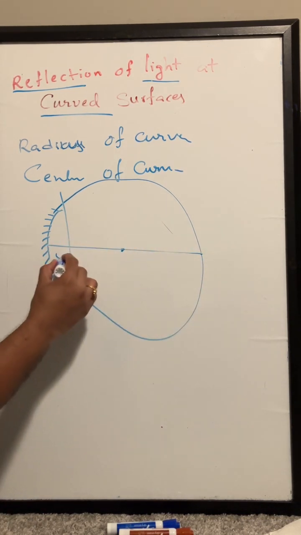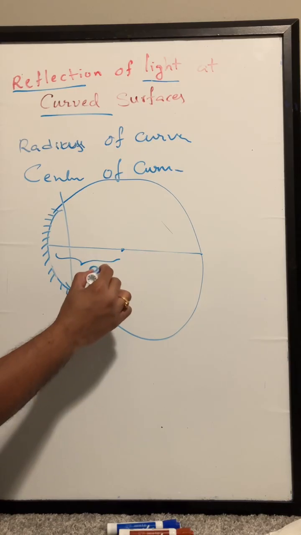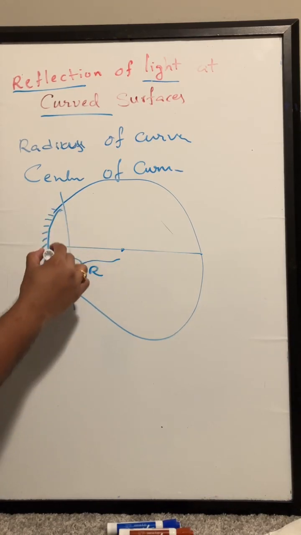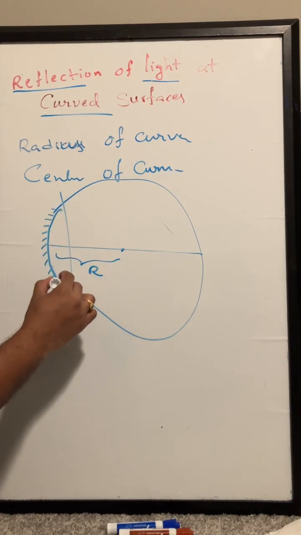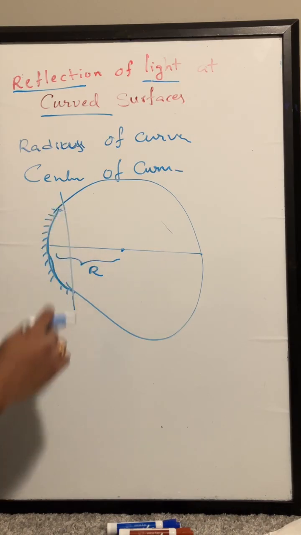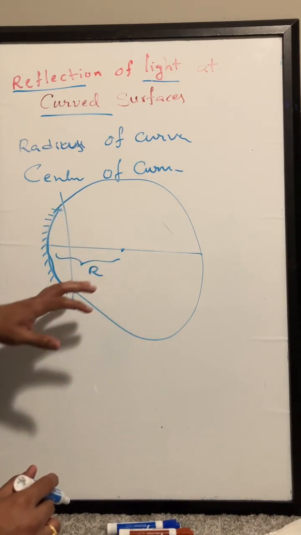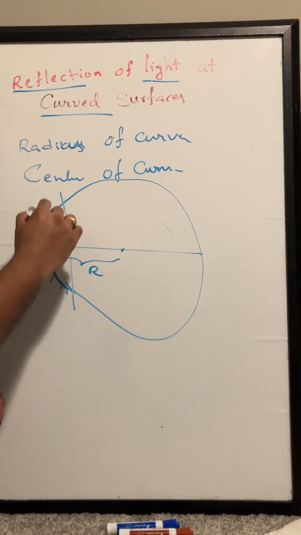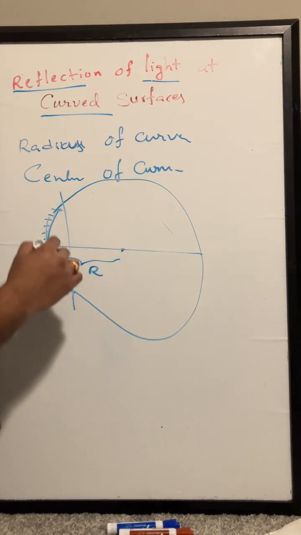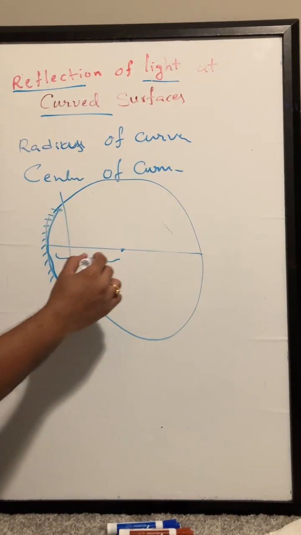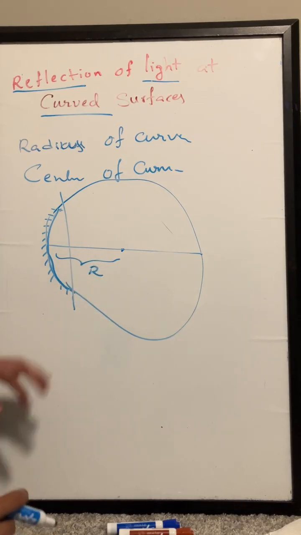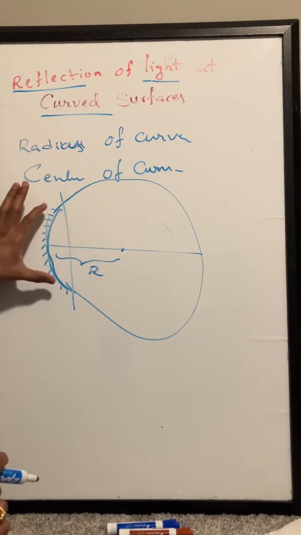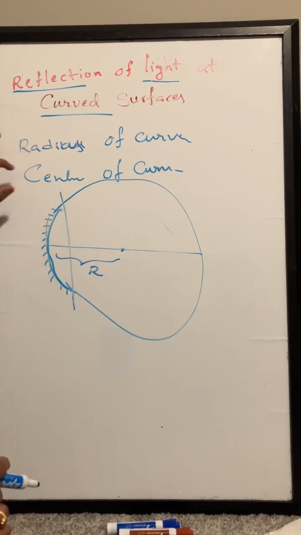So this is the radius, and this is called curvature. The radius of the small piece is this much. If you make a big sphere with this small piece, what is the radius? That is called the radius of curvature.